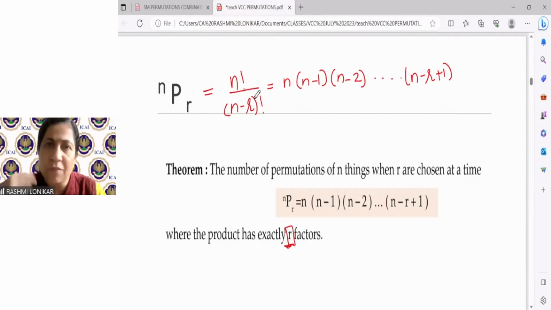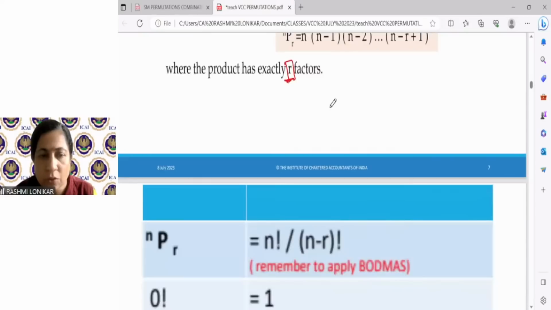But if we have sums where you have to cancel out something, then we use this. As you can see, this is in the descending order. n into n minus 1. If I have 6, this will be 6 minus 1, that is 5. So 6, 5, 4, 3, 2, 1, that type of thing. So this is the formula.